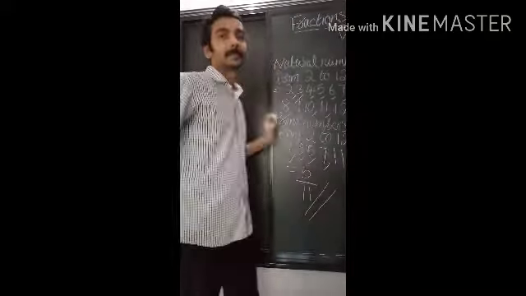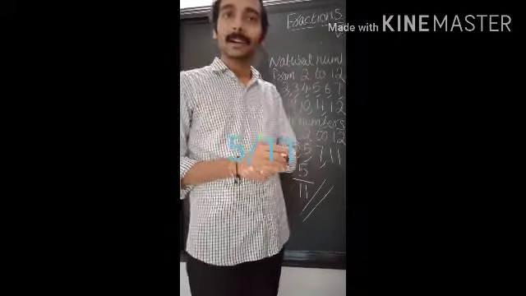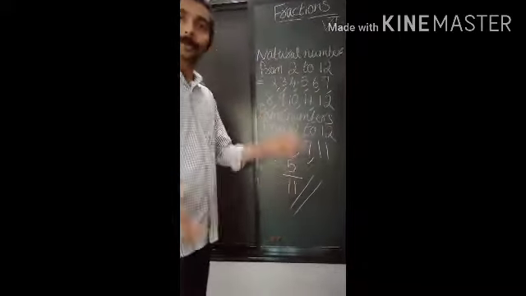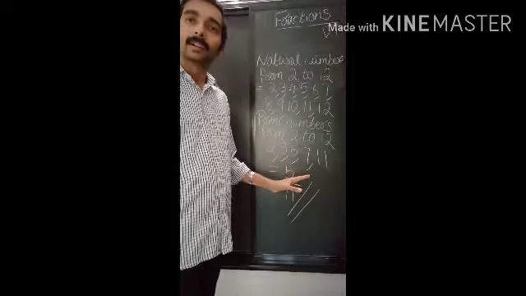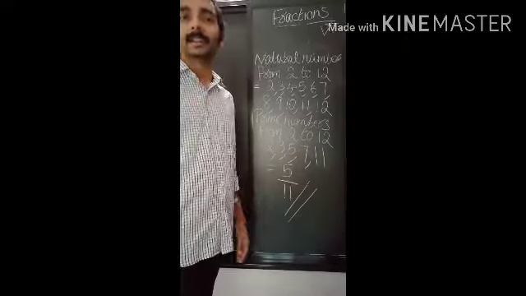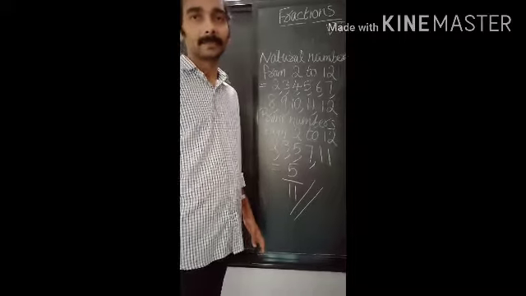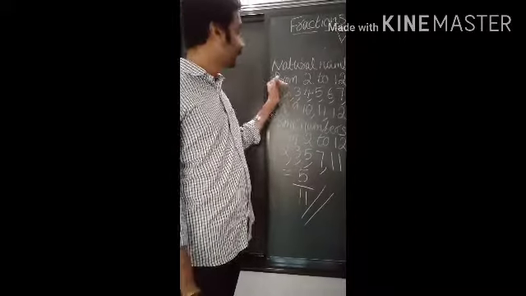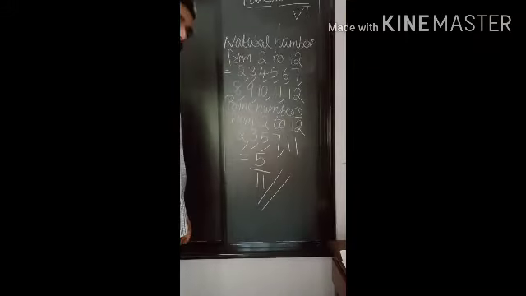That is 5 by 11 or 5 upon 11. Both are the same. Clear? Okay. This one is very important.